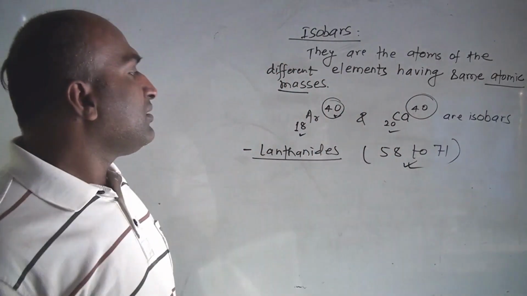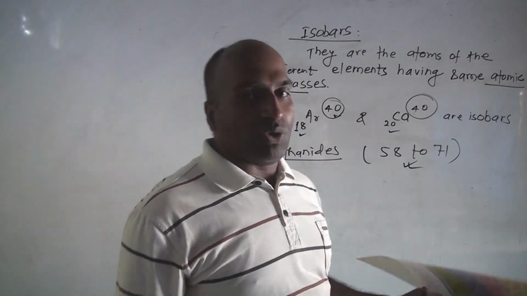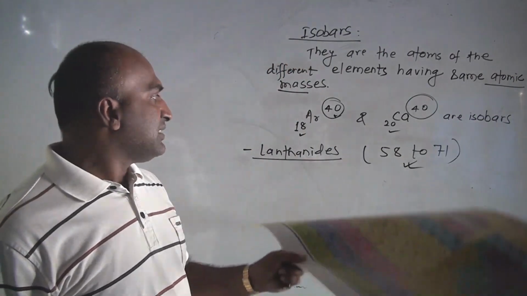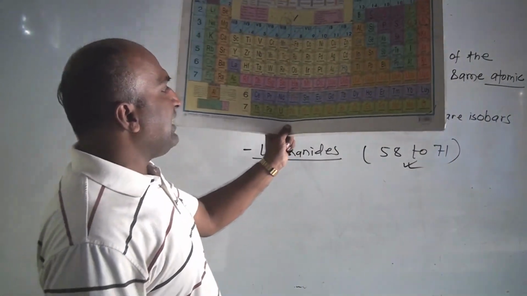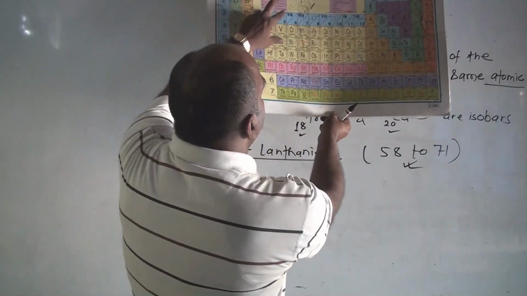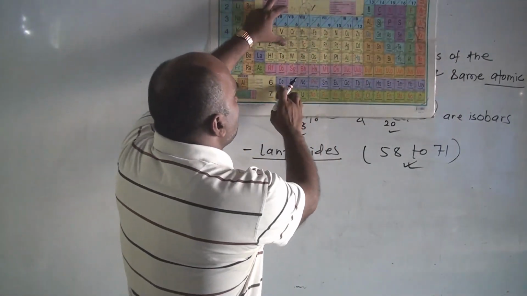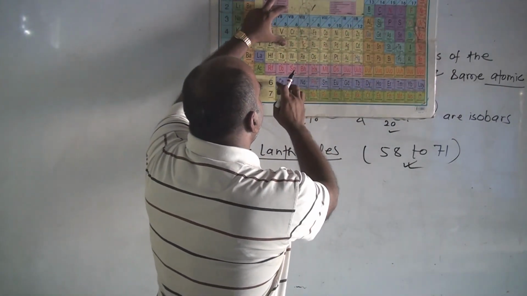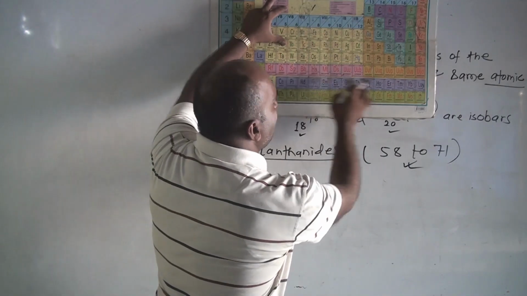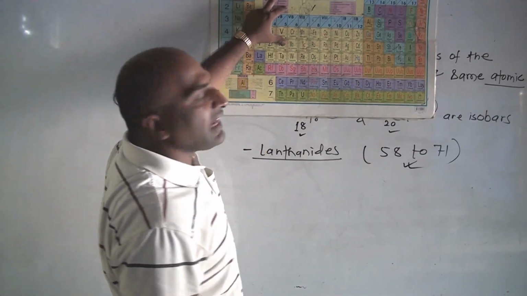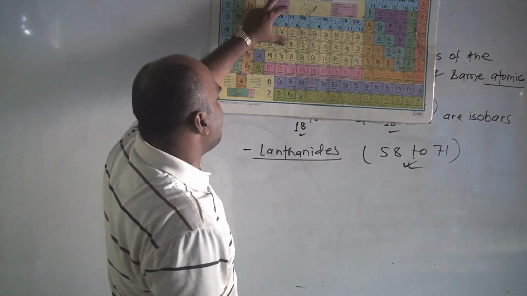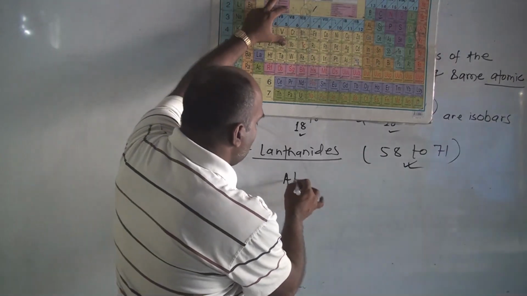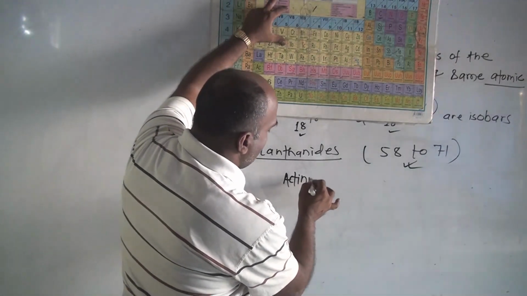Atomic number from 58 to 71, they are collectively known as lanthanides. Lanthanides means the 14 elements after lanthanum, from atomic number 58 to 71. Another is actinides.